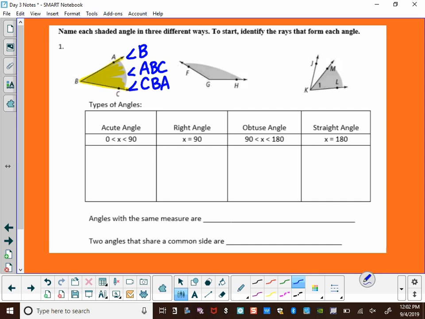Same thing for my second angle. FGH is shaded. Go ahead, Sam. Okay, what else? Or HGF. Okay, angle FG. Good.